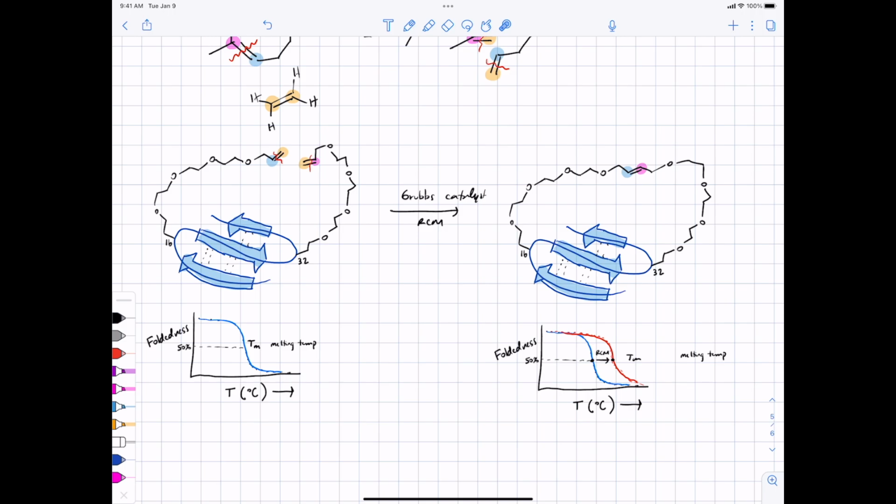And instead of using a catalytic amount, we had to use a 40-fold excess of the Grubbs catalyst, at which point it is no longer a catalyst, but a reagent, and a very expensive reagent that you're spending, having in vast excess. So the development of reactions that can cross-link two groups in aqueous solution without any protecting groups is an active and important area of chemistry, and it's something that people are working on. So that is it.